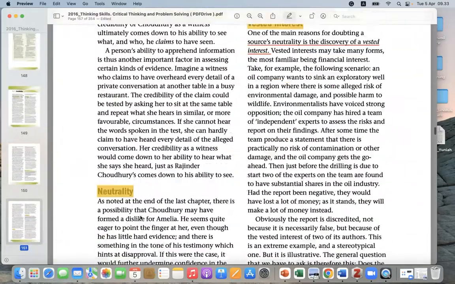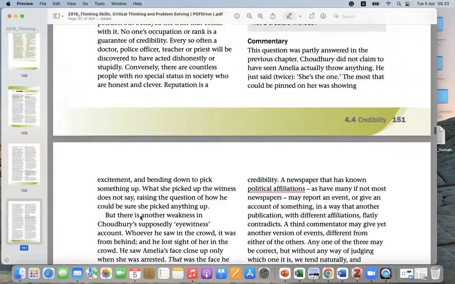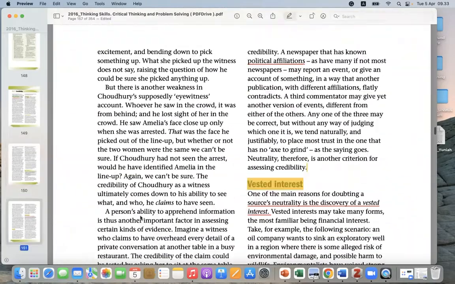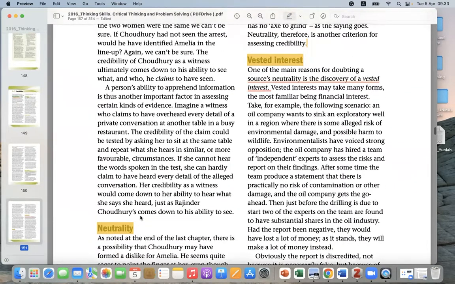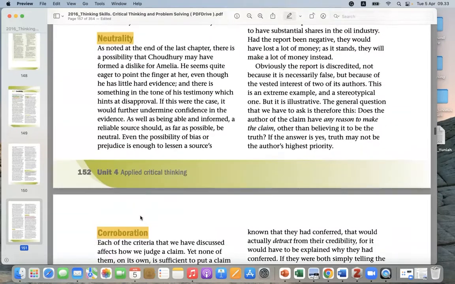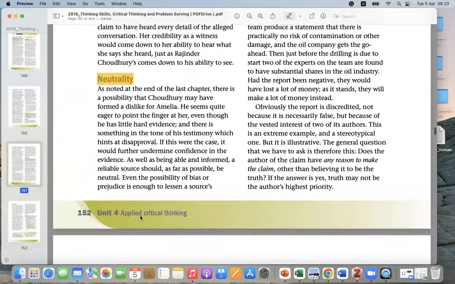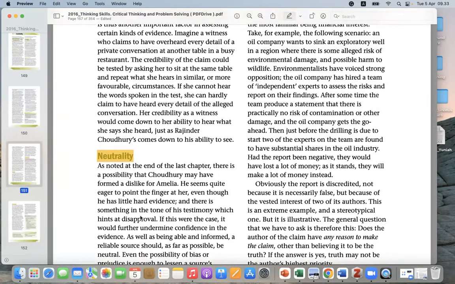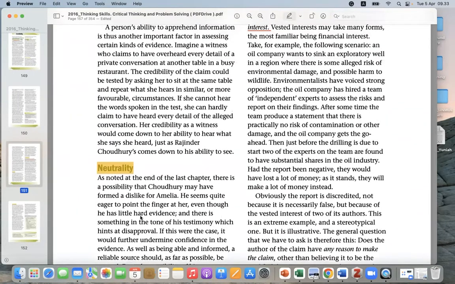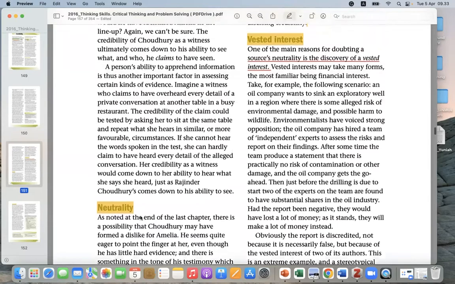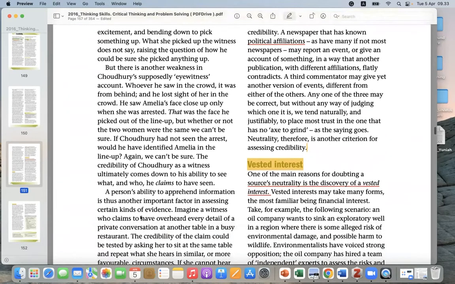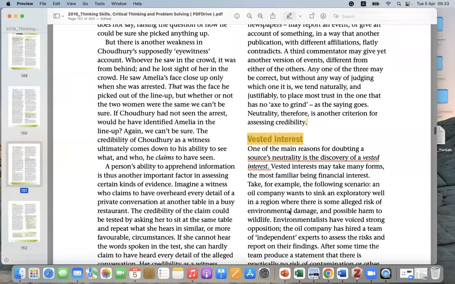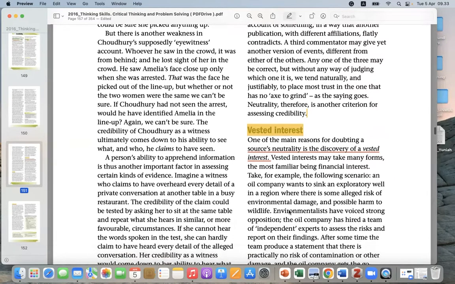Okay, now we go to two other important things in credibility: neutral and vested interest. And corroboration, I think. Neutral means anything about sources can be neutral or have tendencies, right? Neutral means there is no interest. And vested interest means when you are not neutral, then you have vested interest.